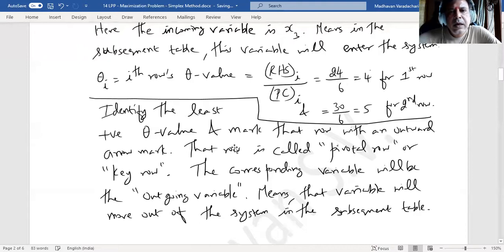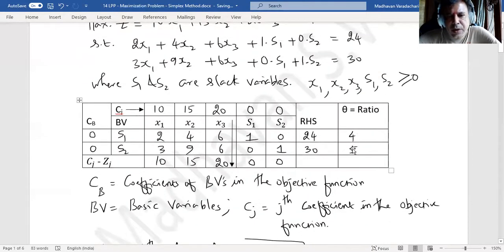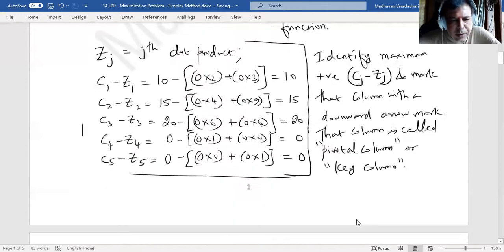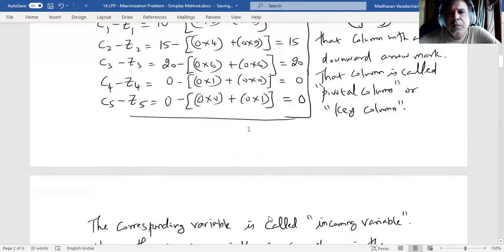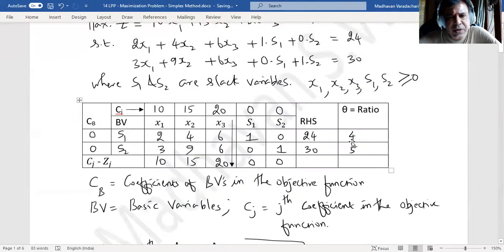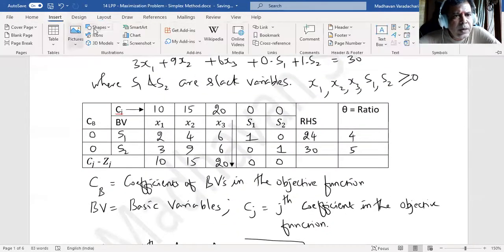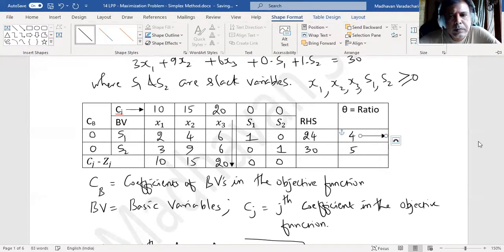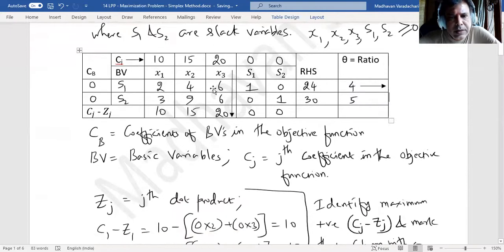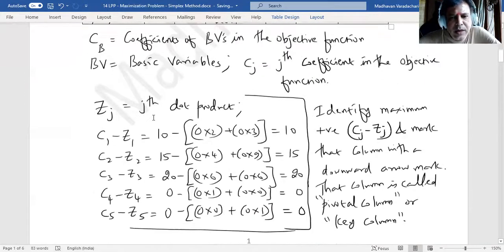So we know the least theta value among these two, least positive theta value. So both are positive, 4 and 5. Least positive is 4. Mark that particular row with an outward arrow mark. Simply like this. So this arrow, whatever first row becomes your pivotal row, and the corresponding variable is S1.